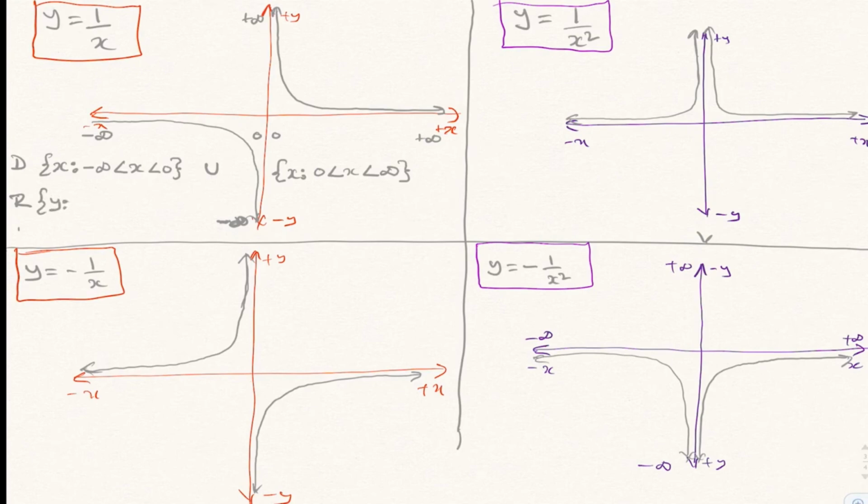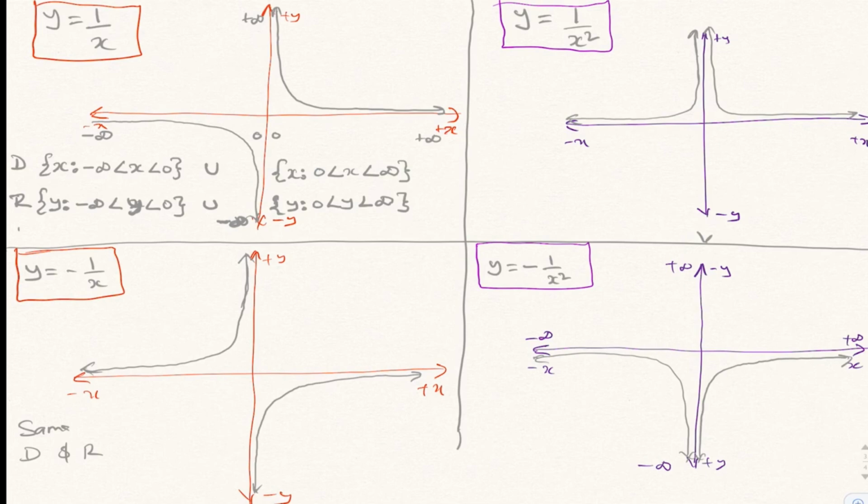We're describing the y-axis for the range: y colon minus infinity less than y, less than 0, union, open the curly bracket again, y colon 0 is less than y, is less than positive infinity. That's the domain and range there. It'll be the same for the domain and the range of minus 1 over x. That will be the same basically.